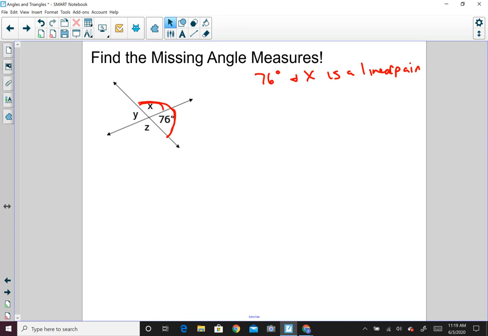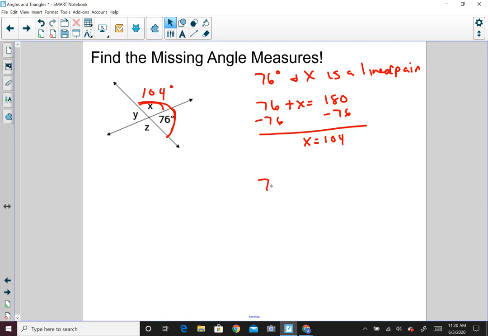It doesn't cross any other angles. So I know 76 plus x equals 180. Let's solve. Minus 76 from both sides. So x is 104 degrees. So I'm going to put that in my diagram because this is just an x here. I know that's 104 degrees.